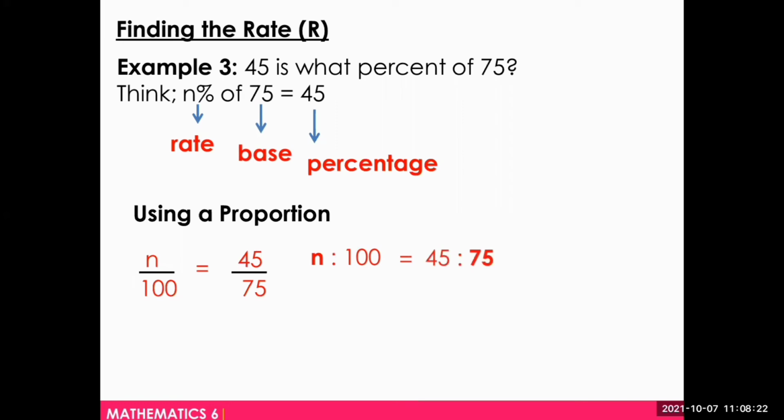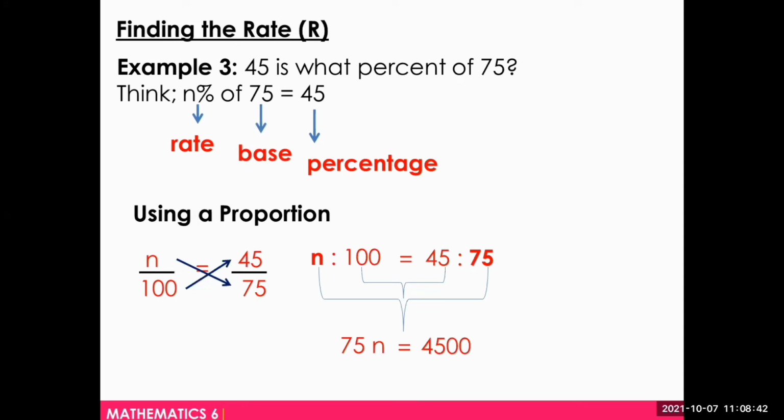Now, gamit ang cross multiplication at gamit din ang extremes, pag-multiplyin natin ang N at 75. N times 75 is equal to 75N. Means naman 100 times 45 and that is 4,500.